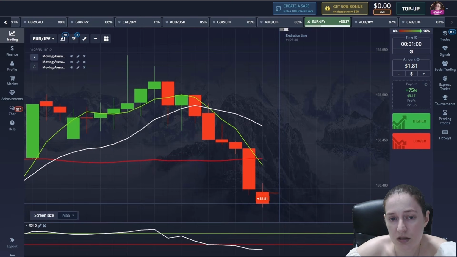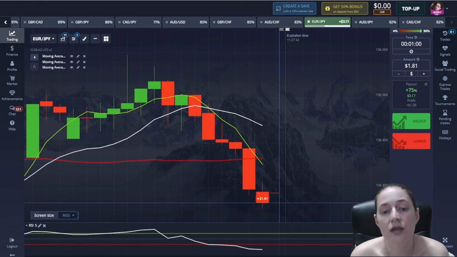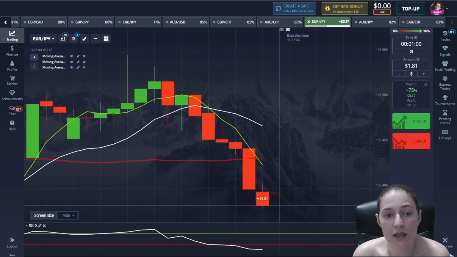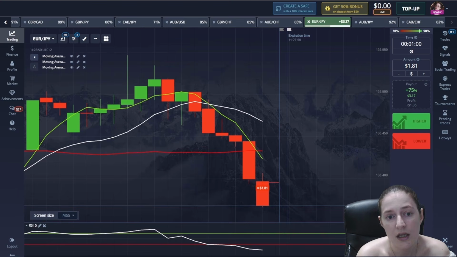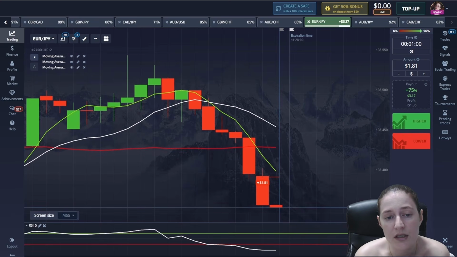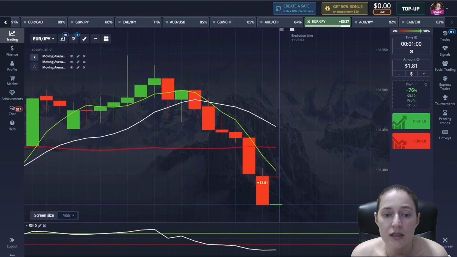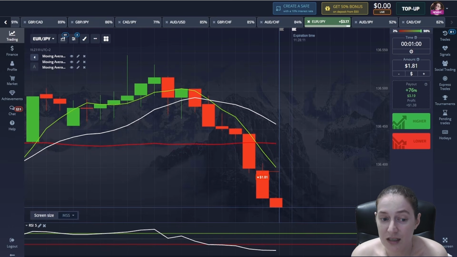Also, the moving average red line crosses the red candle, and this is also a good signal to enter the trade. This is also a good signal when different lines of the moving average intersect each other. So for example, now the green line intersects the red line, and at the same time both lines have a starting correction in the downward direction, and I think I'm going to win this trade too.